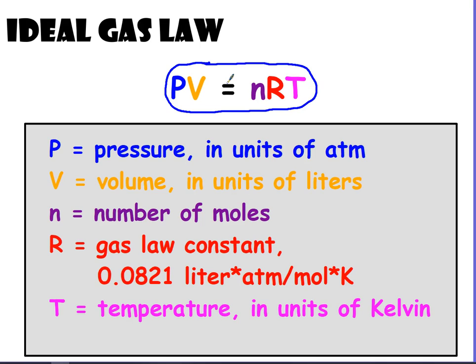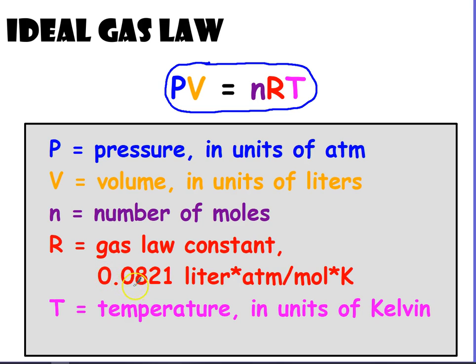On the quiz, at the very top, I'll tell you what R is, but you have to be able to use R. R is the gas law constant. It basically makes both of these sides equal out. So the pressure and the volume will be equal to the moles and the temperature.